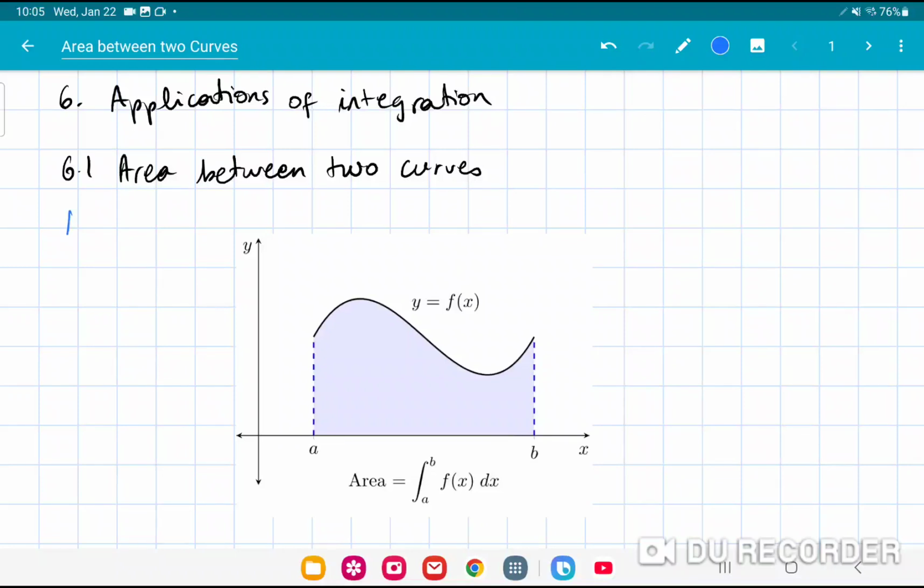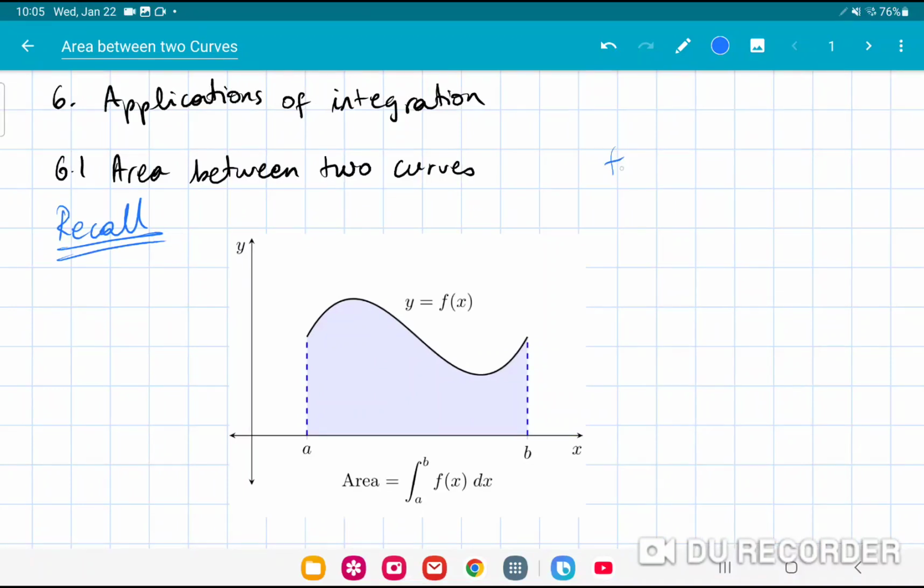Now, let's recall what we learned in our Calculus 1 class. So suppose we have a function f whose graph is above the x-axis. That means f of x is greater than or equal to 0 for all x in the interval [a, b].